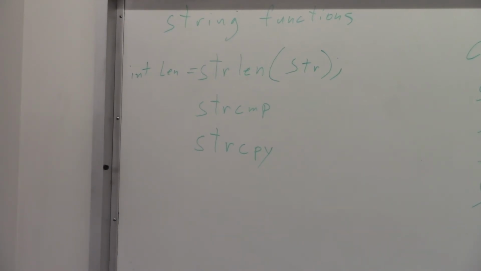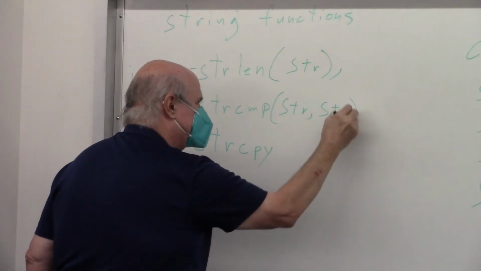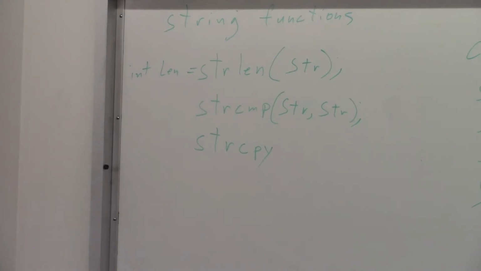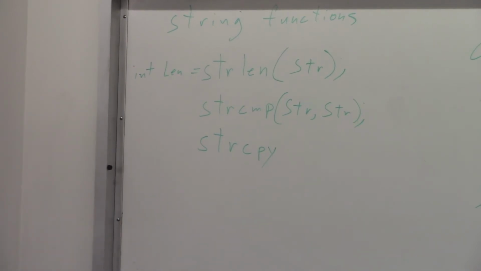String comparison. What do you think we passed to string comparison? 2 strings. You can pass the same string, it doesn't care. They're both pointers, and it just compares character to character to character until they are not equal. And what do you think it returns?